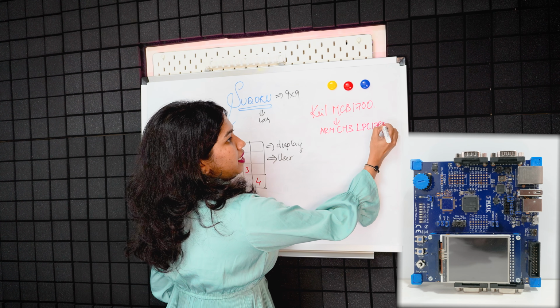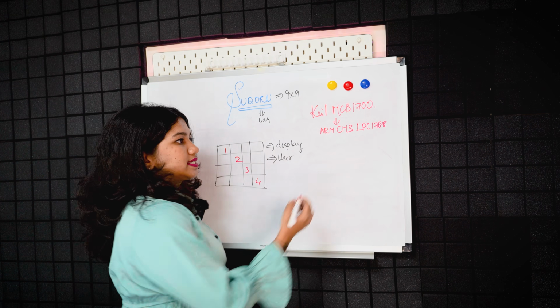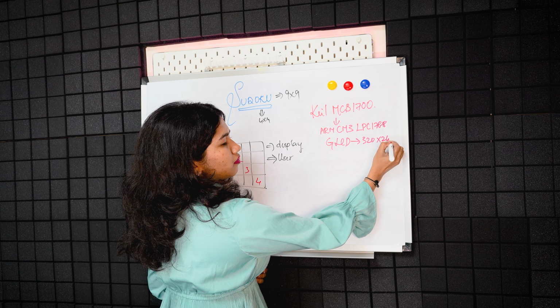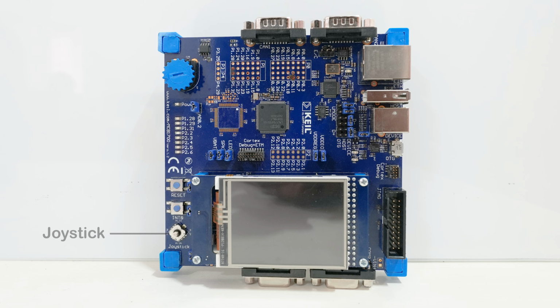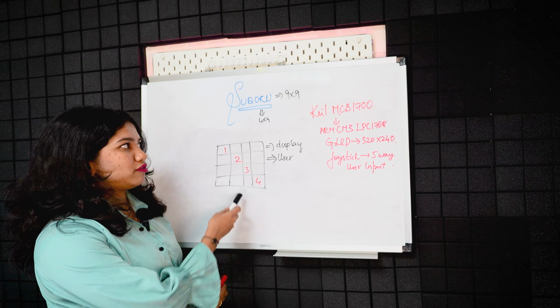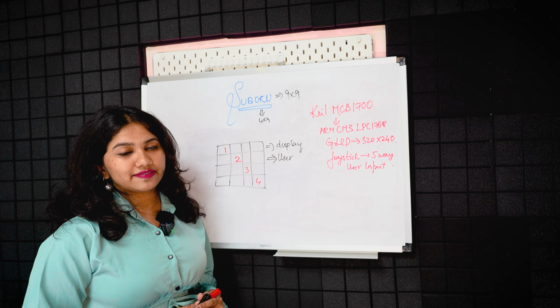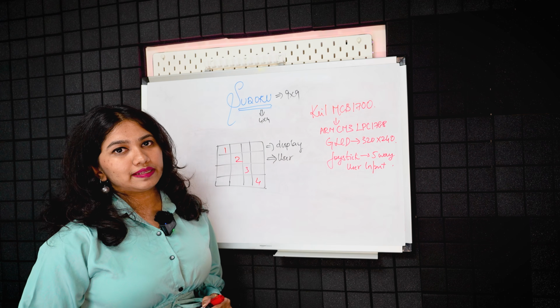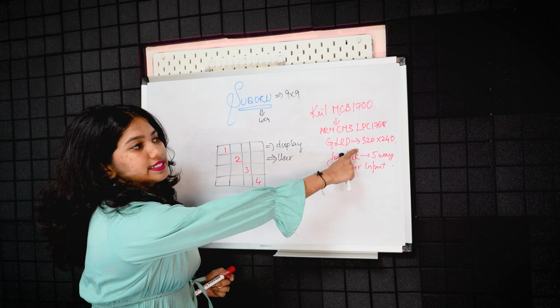LPC1768 microcontroller, which has the GLCD display inbuilt and a 5-way joystick for user input. The reason I developed this 4x4 grid on LPC1768 is because it is easier and simple to handle in memory and perfect for this GLCD display.